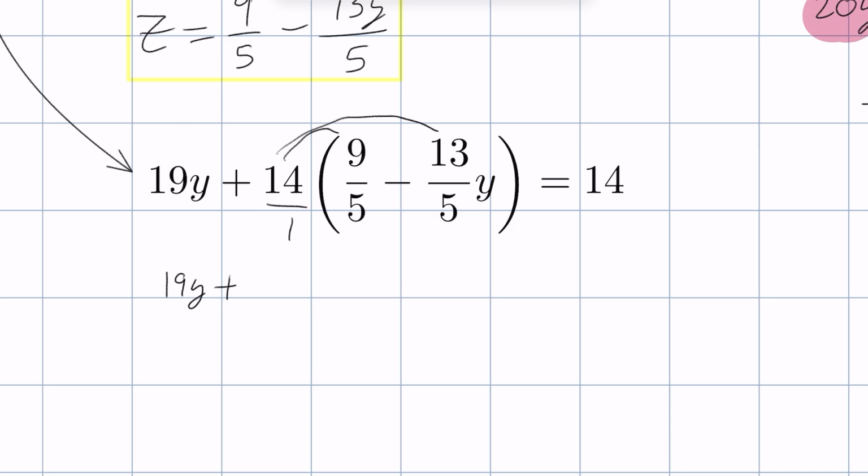Well, 14 times 9 would give us 126. In the denominator, we have 1 times 5, or just 5. We have a positive times a negative, so we get a negative. 14 times 13 is 182.